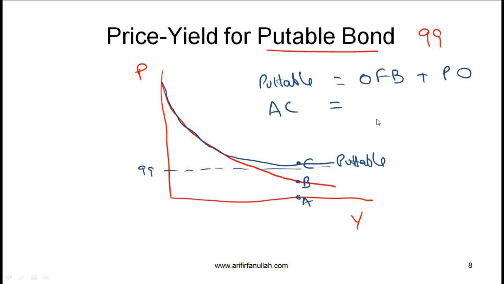The value of the option free bond is AB, and the value of the put option is BC. And intuitively, since investors like a put option, the value of the putable bond is going to be more than the value of a straight bond or option free bond at a given yield.